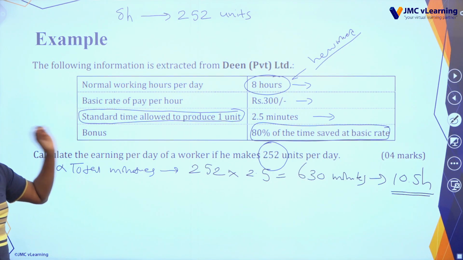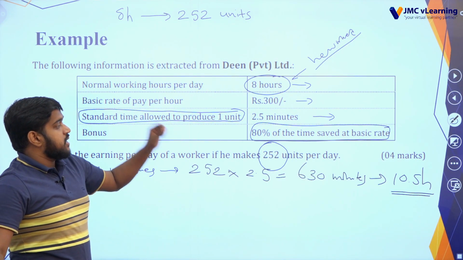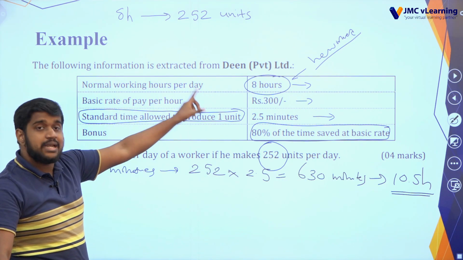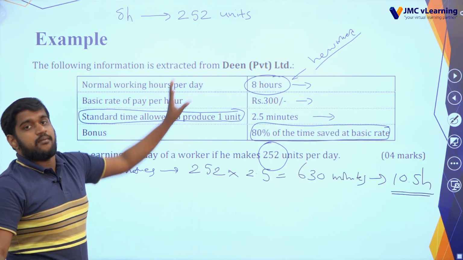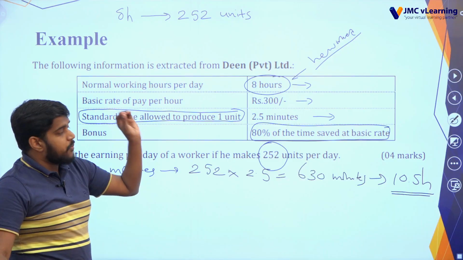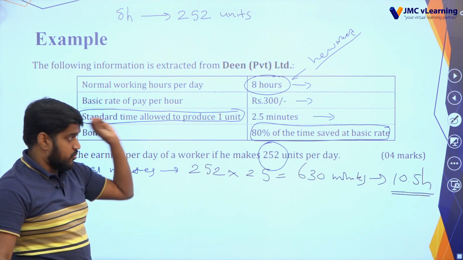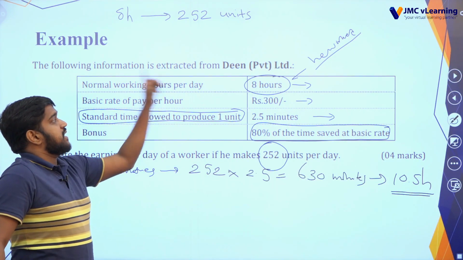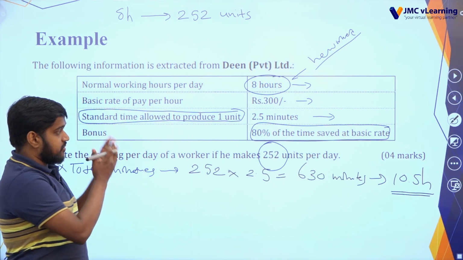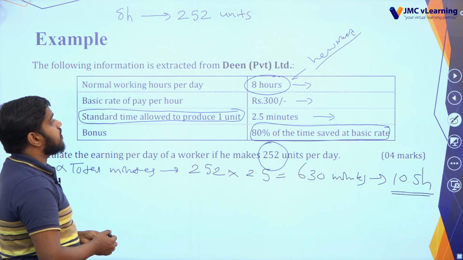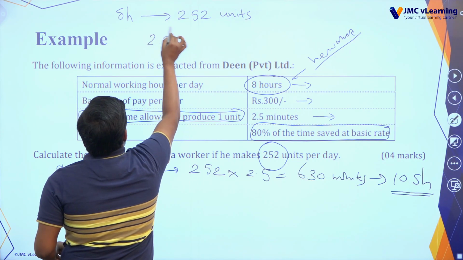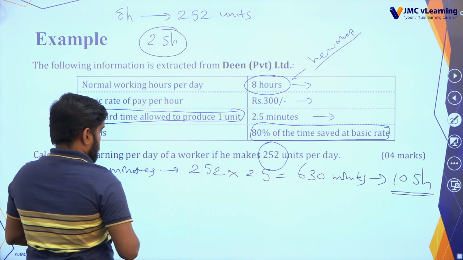This worker completed 10.5 hours of allocated work but only spent 8 hours. So he saved 2.5 hours for the organization.